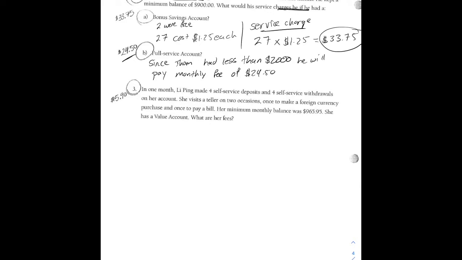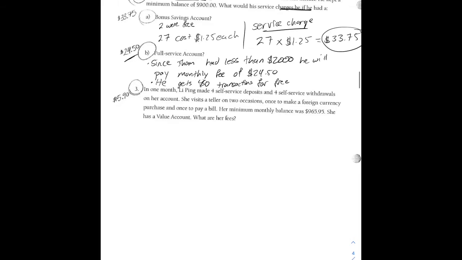The thing to understand though is he gets 40 self-service transactions for free. Since he only did 29 self-service transactions, he doesn't have to pay anything for that. But since he had $900, which is less than $2,000, he does have to pay that monthly fee.